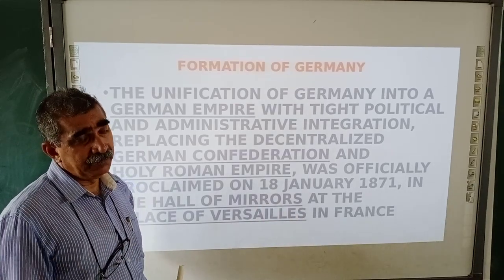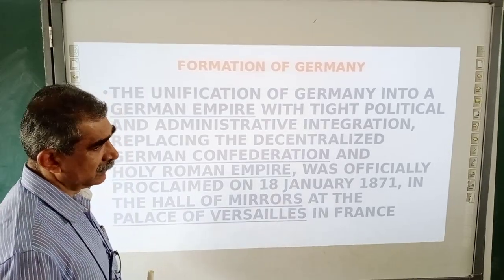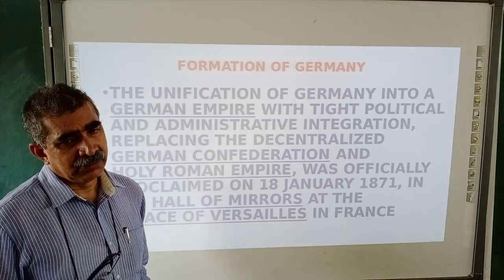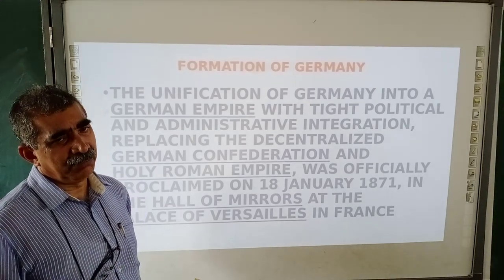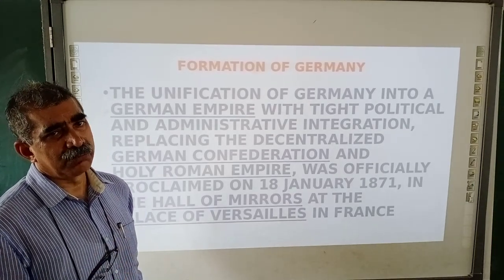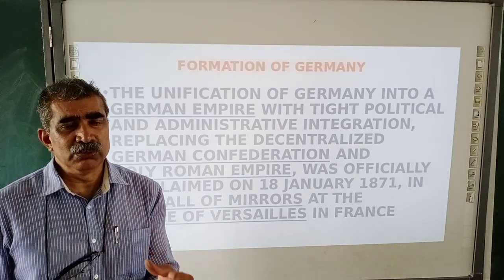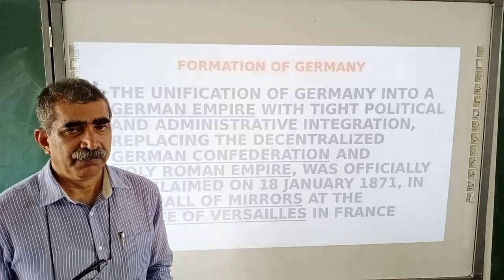Louis Napoleon was removed in France, and there was a change in the French government, and unification of Germany has taken place. So Germany became a unified and single power.